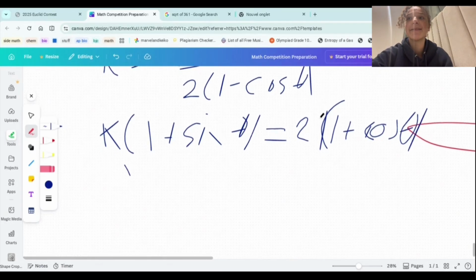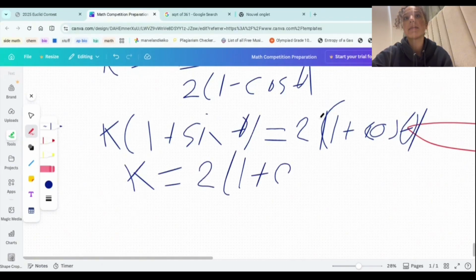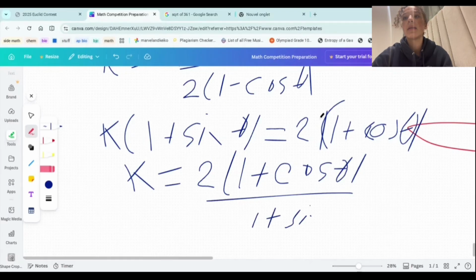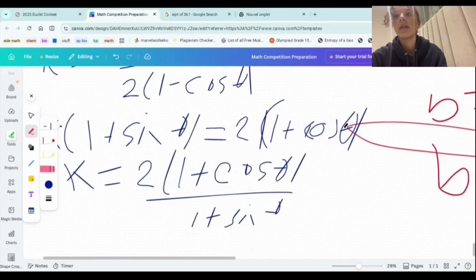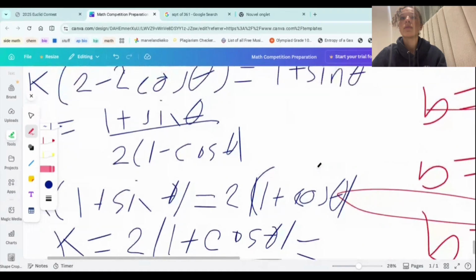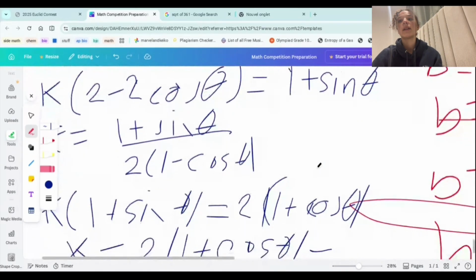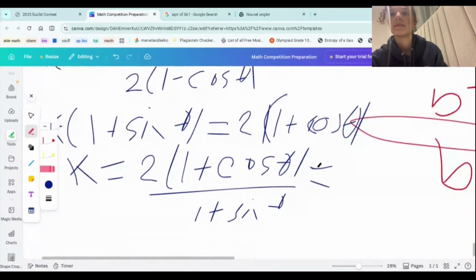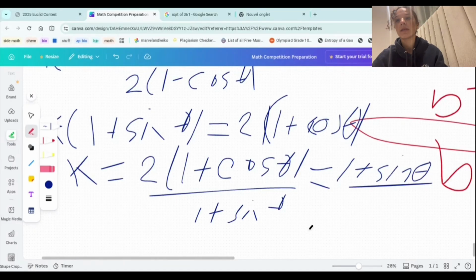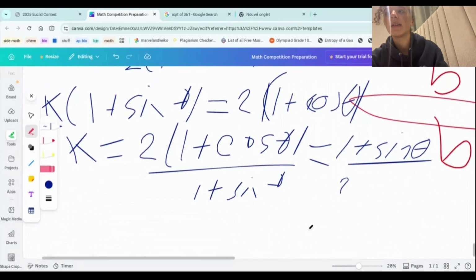So k is also equal to 2 times 1 plus cos theta divided by 1 plus sine theta, which I know from before is equal to 1 plus sine theta divided by 2 times 1 minus cos theta. I need to find for which theta this is true.